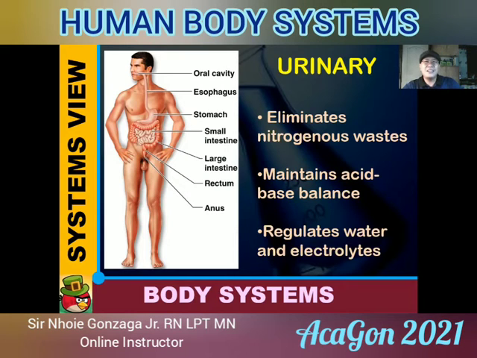Next system here, you have your urinary system. From the word urine, meaning it is the internal cleansing fluid in the body. So, if you notice, urinary system eliminates the nitrogenous waste or generally the waste in your body. It maintains the acid-base balance and regulates the water and electrolytes in your body.